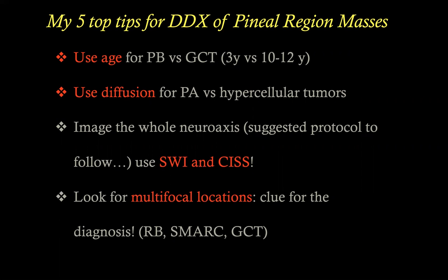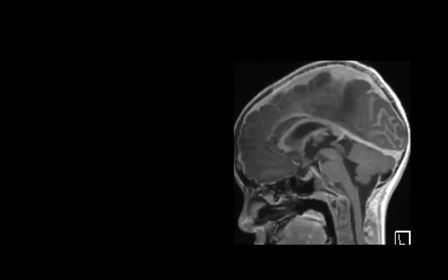Image the whole neuraxis. Use SWI, use CISS, so high-resolution steady-state T2-weighted sequences, or DRIVE, depending on what scan you have, and look for multifocal locations that can give you a clue for the diagnosis, like in case of trilateral retinoblastoma, SMARCB1 mutation, or bifocal germ cell tumor.